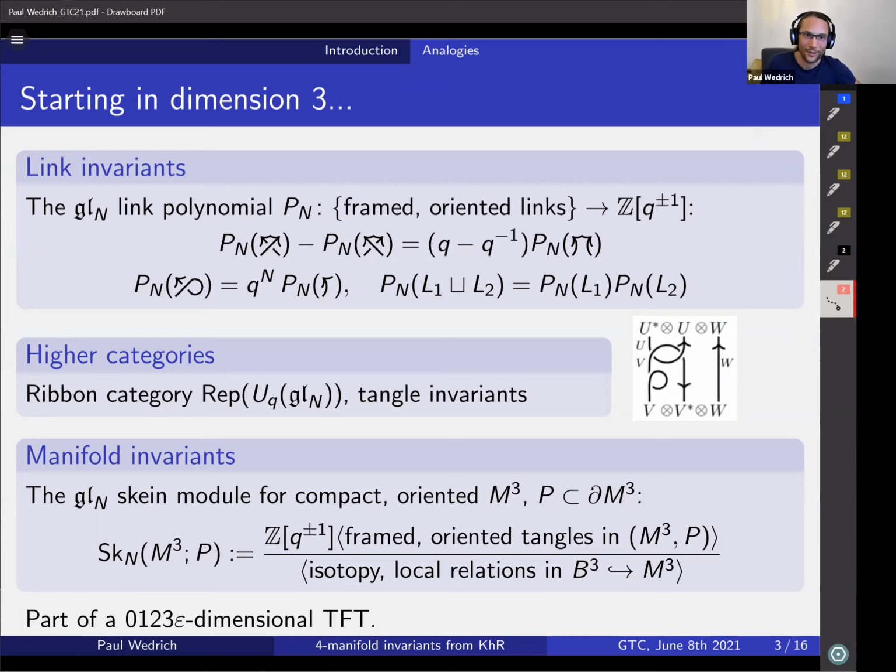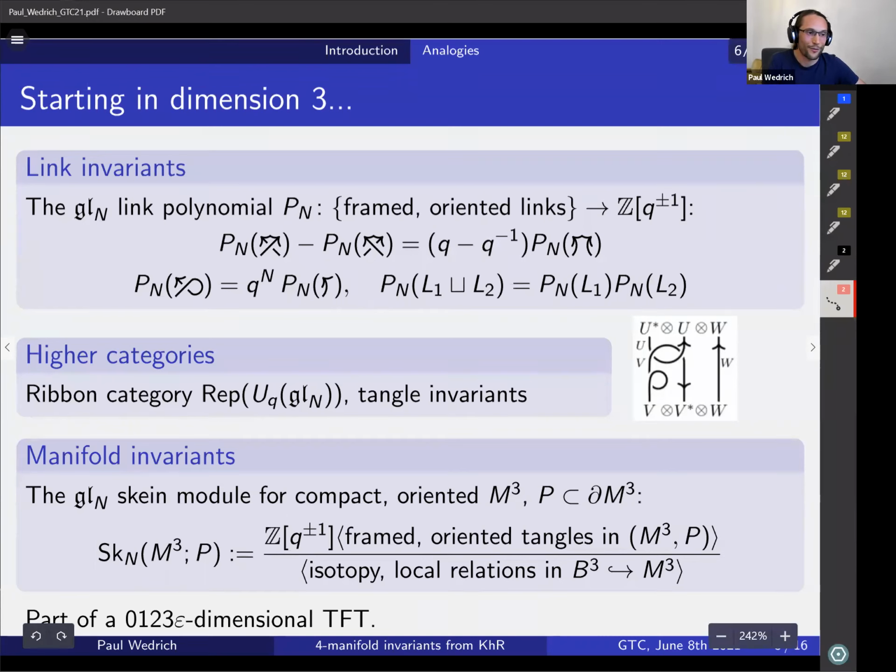What I would like to convince you of in this talk is that these three different concepts, the locally determined link invariants, the ribbon category Rep U_q(gl_N), and the skein module manifold invariants, are extremely closely related. And if you understand one very well, you can translate into the others.